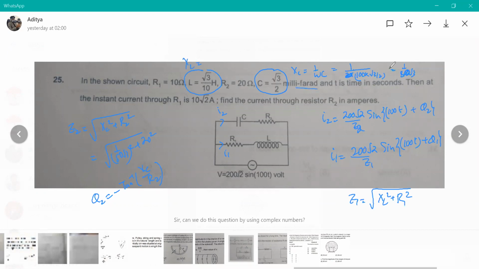That is millifarad, sorry, so there is a factor of 10 raised to the power minus 3 here, so it will be 1000 by 50 root 3. This is 20 by root 3 ohms. So this is actually quite easy, this part now.